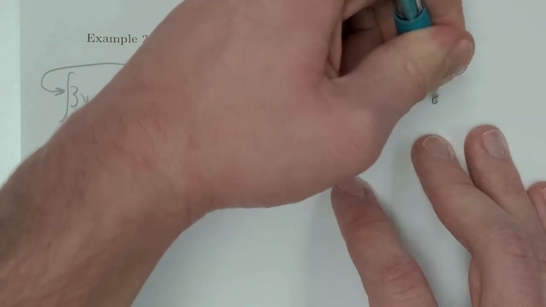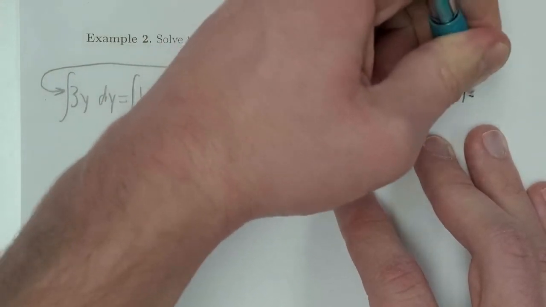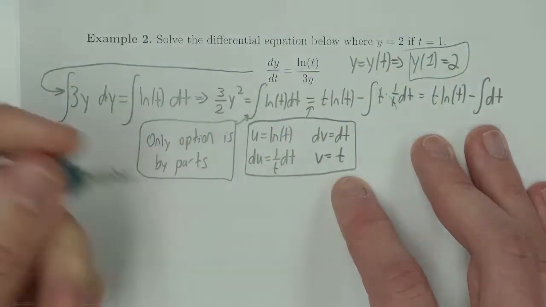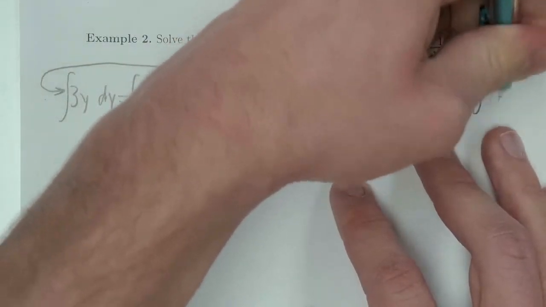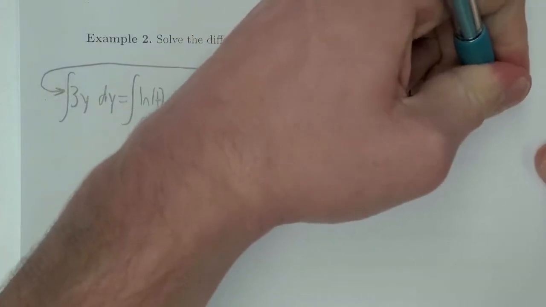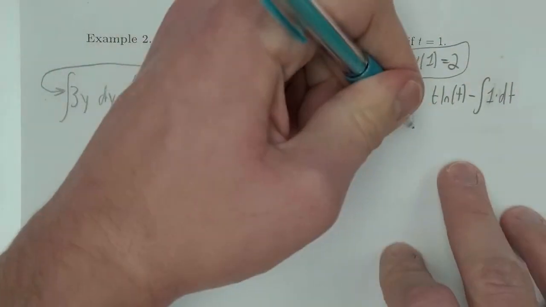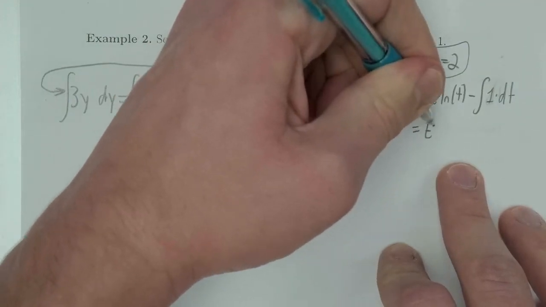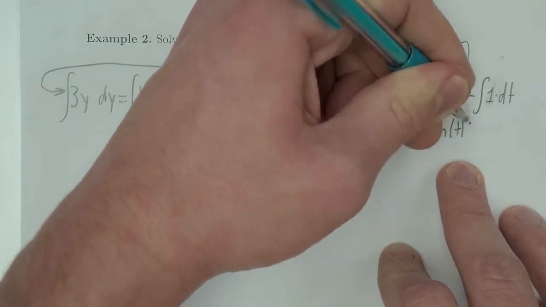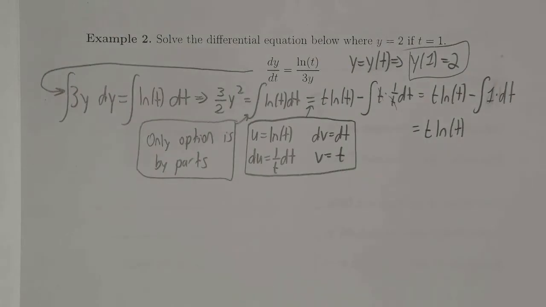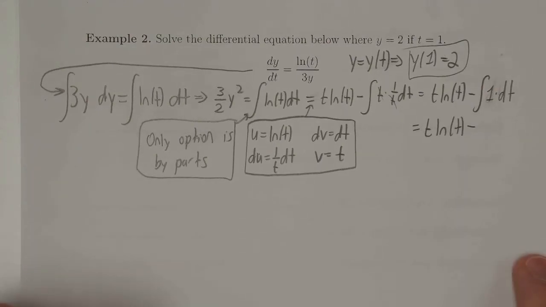So we're just left with t times natural log of t minus the integral of dt, or if you prefer, 1 times dt. Okay? So this ends up with a nice antiderivative of what? t times natural log of t, and then minus what? Minus t.